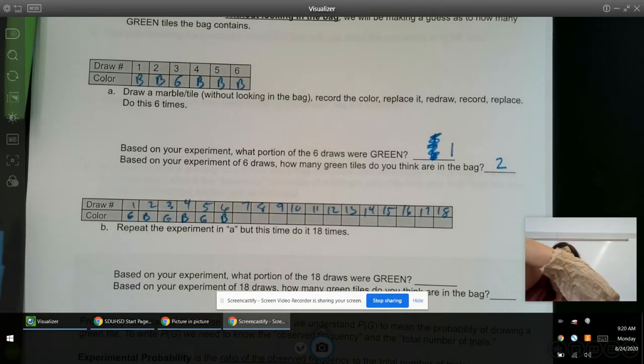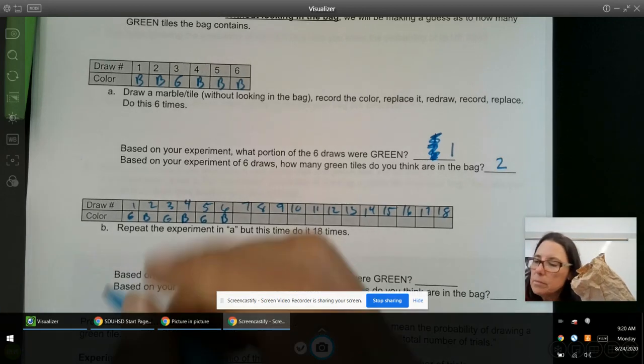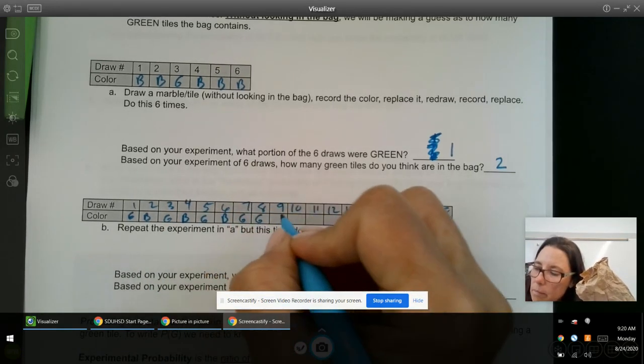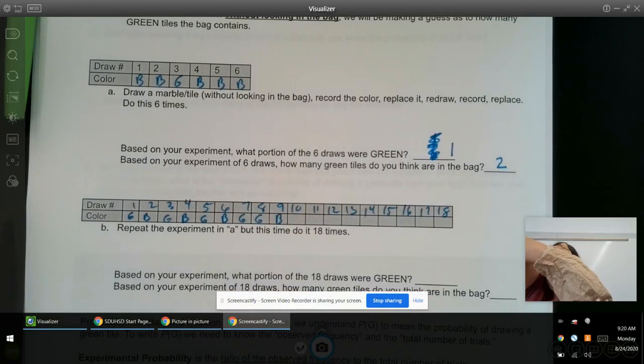Green. Green. Blue. Green. Green. Green.